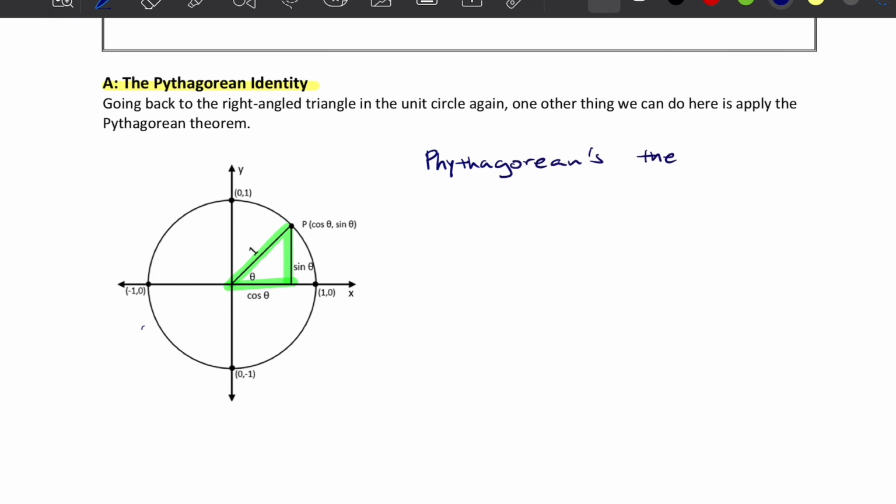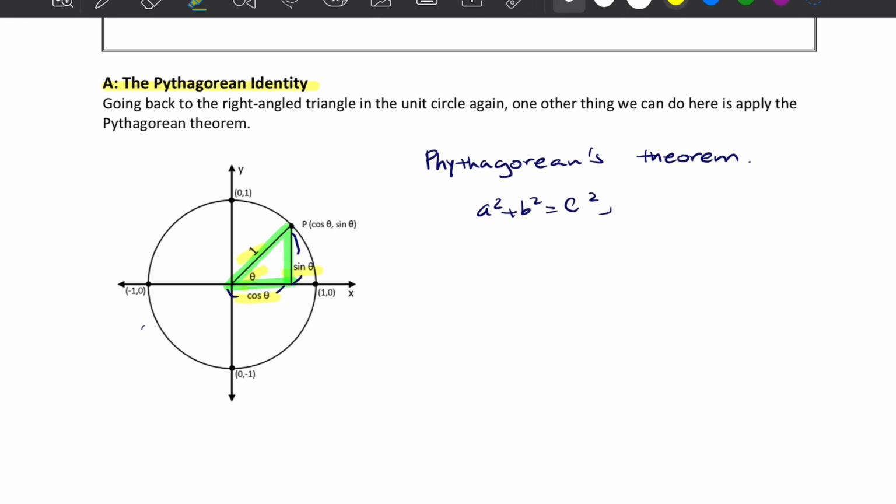We can apply Pythagoras' theorem to this triangle. We know that the Pythagorean theorem is a squared plus b squared equals c squared. In this case, from here to here is cosine, from here to here is sine, and we have the radius 1.